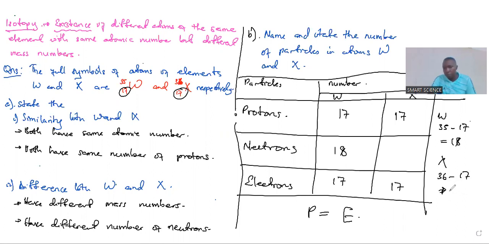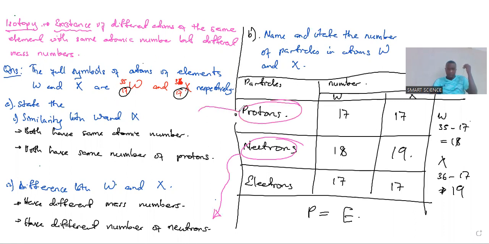You come up with 19, which you put here. So you will come up with clear numbers which represent the differences we have written. Neutrons are different. That's why we suggested this answer. Protons are the same. That's why we identified this similarity. So whatever you write should clearly represent what you have written in the answers.